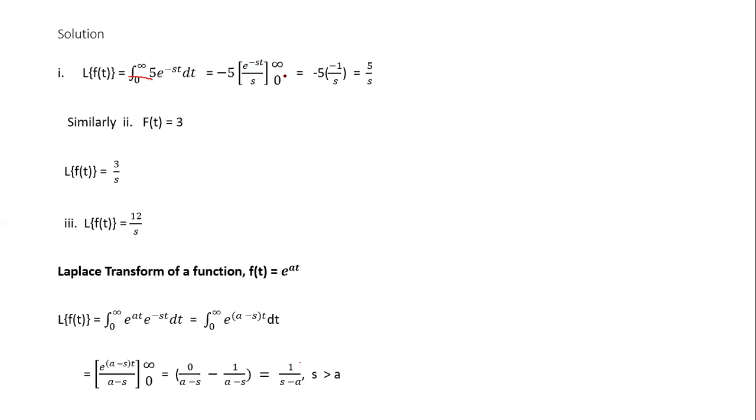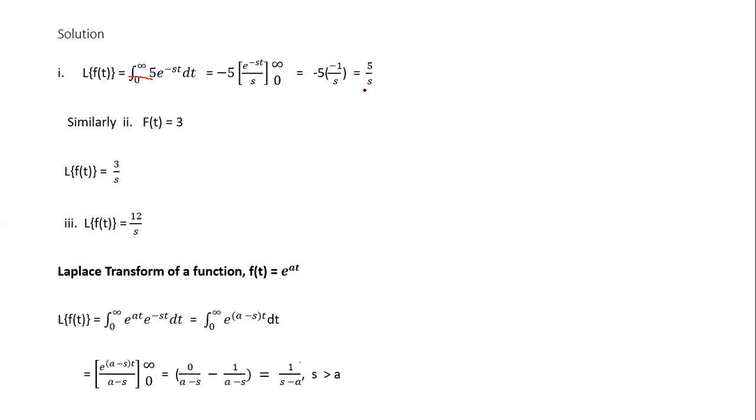And when t is 0, the numerator becomes 1. So we have 0 minus 1, which is minus 1 over s. Then you multiply by the negative 1 outside here, so negative 5 multiplied by negative 1 over s is 5 over s.